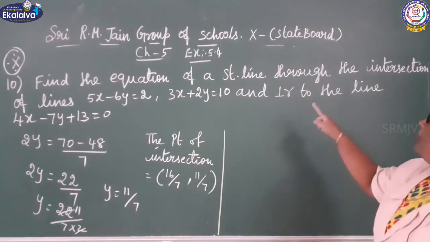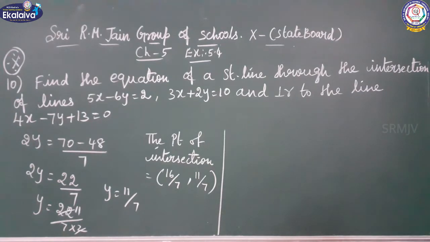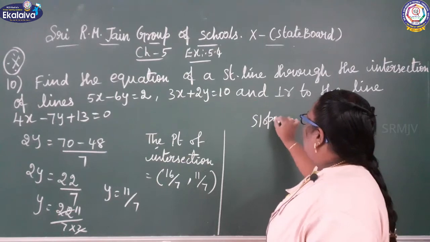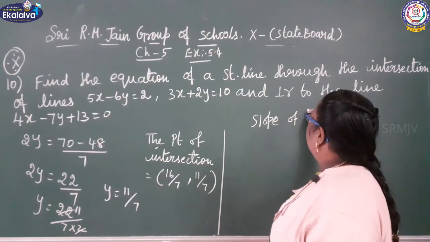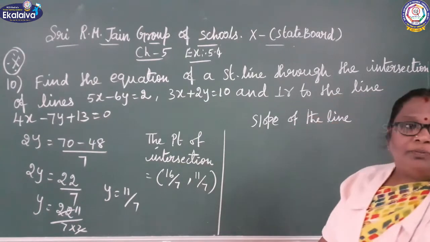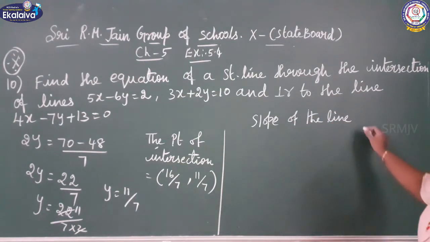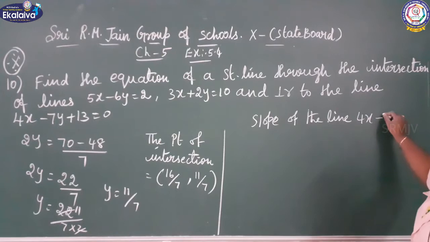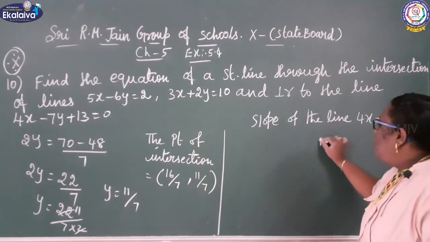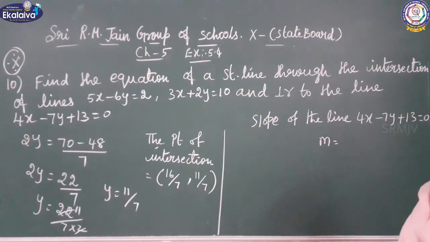Slope of the line and perpendicular to the line. First you should find out the slope of the line 4x minus 7y plus 13 equal to 0. So slope m equal to, what is the formula?